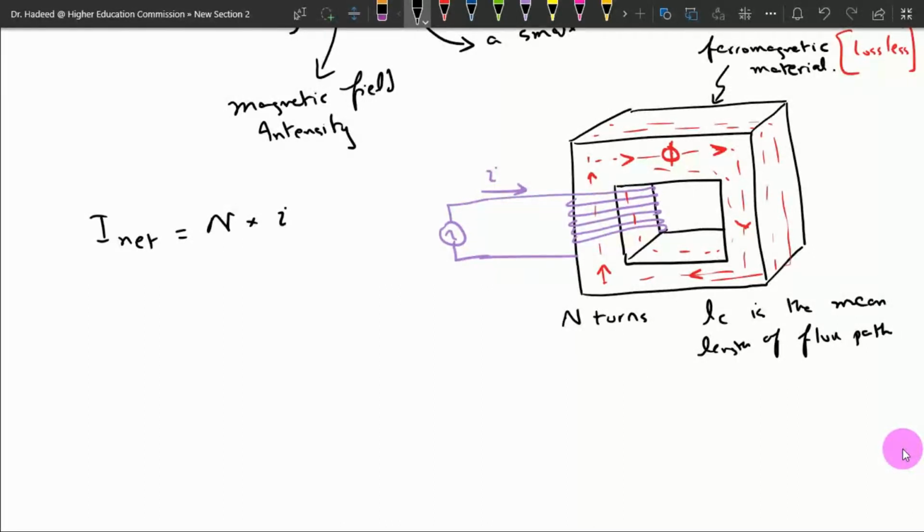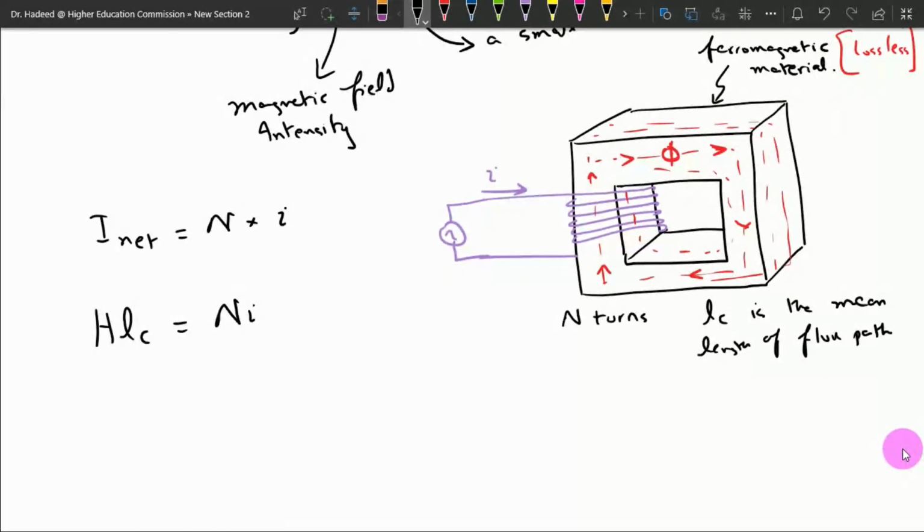This means that the coil of wire will cut the path of this flux N times while carrying the current I. So, Ampere's law can be rewritten as H LC is equal to N into I, where LC, as I have said, represents the mean length of the flux path within the core.